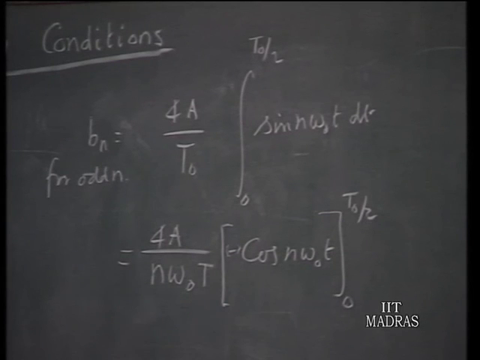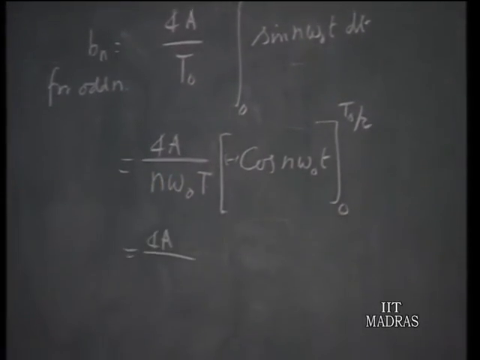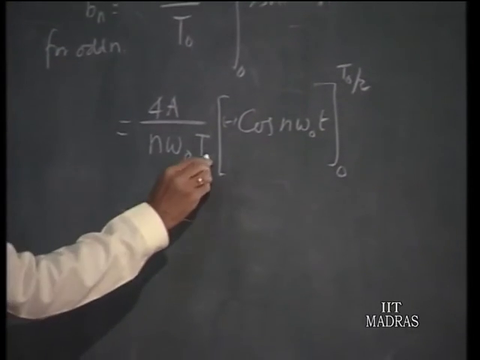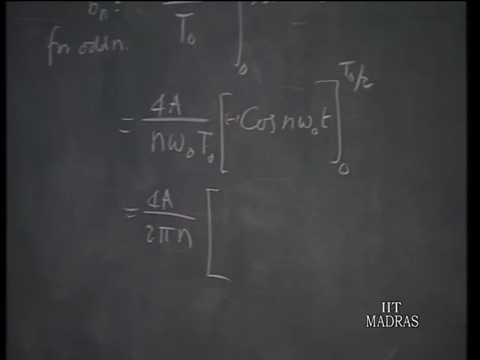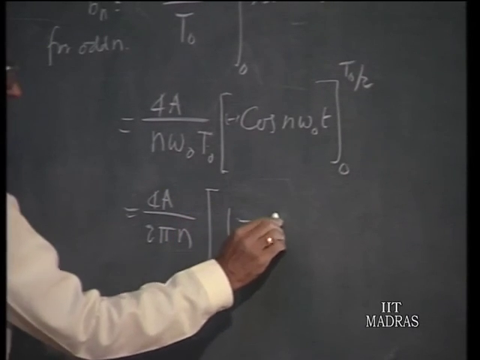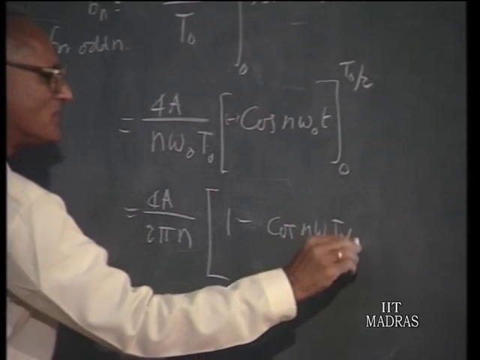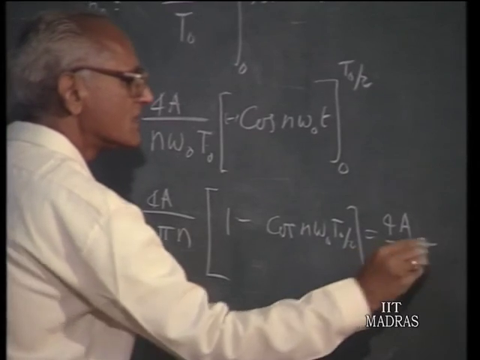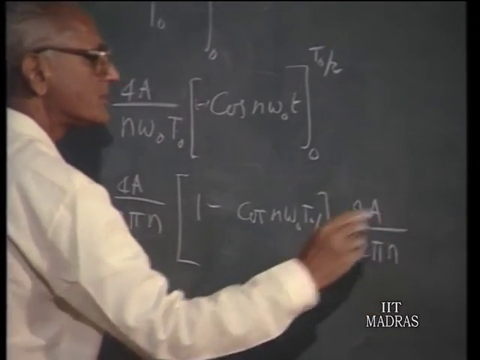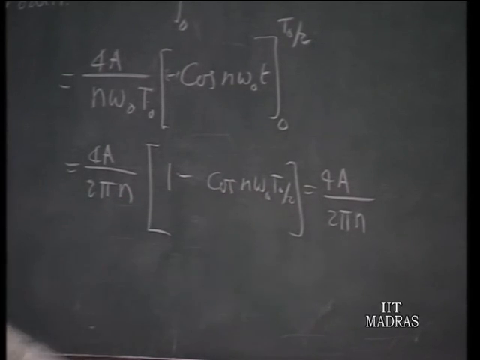Right. Therefore, this will be 4a by omega naught, where omega naught T naught is 2 pi, so 2 pi n, and here you have 1 minus cos n omega naught T naught by 2. Therefore, this is 4a by 2 pi n times, where cos n omega naught T naught by 2 is cos n pi, and we are talking about odd n.